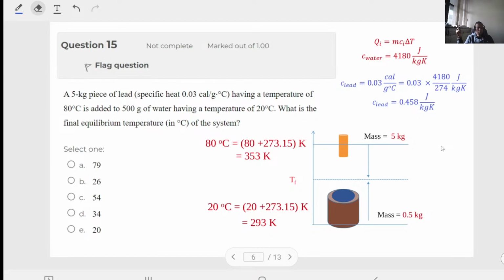Just use the formula Q equals mc delta T. Don't forget C is the specific heat capacity. Delta T is T final minus T initial, basically where it is coming from and where it is going.